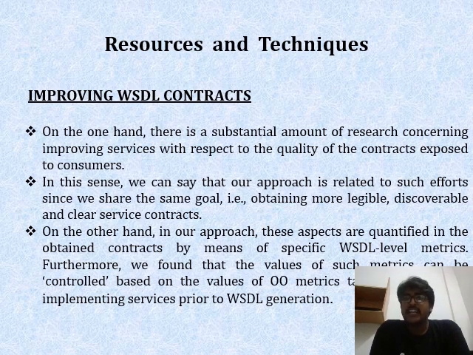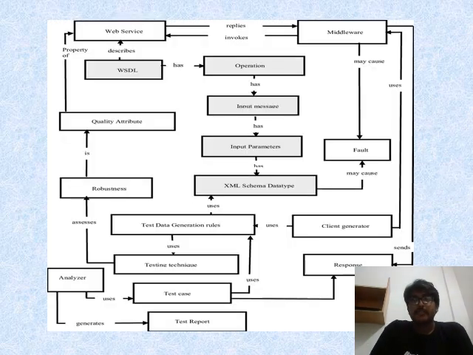On the other hand, in our approach, these aspects are quantified in the obtained contracts by means of the specific WSDL level metric. Furthermore, we find that the values of such metric can be controlled based on values in the WO metric. These are the techniques which we are using to improve the WSDL constructs in the above slide.